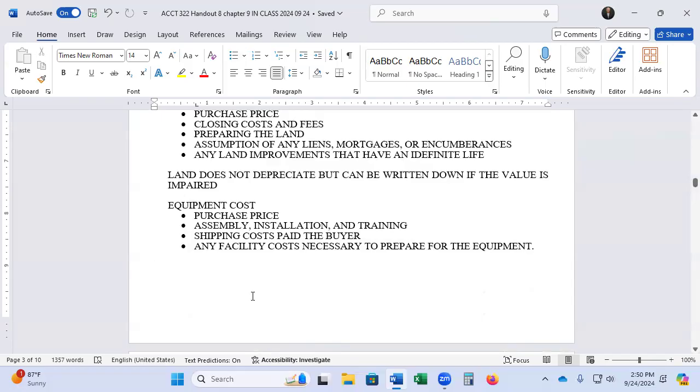And then the last big category over here would be building costs. You have the purchase price, or the cost to build.